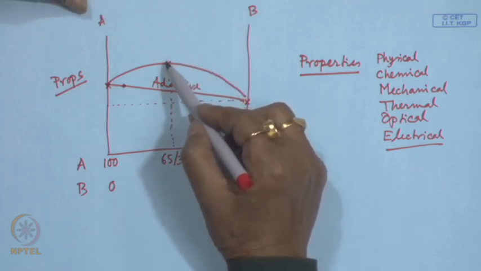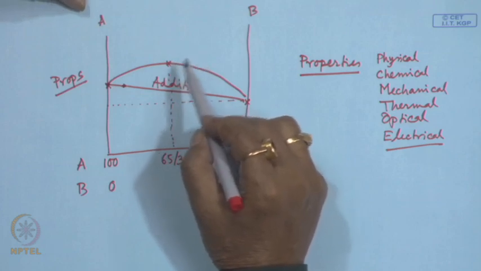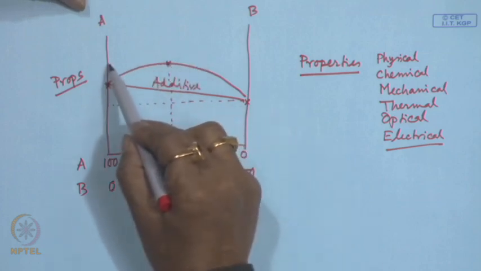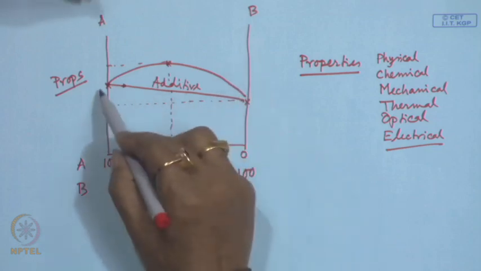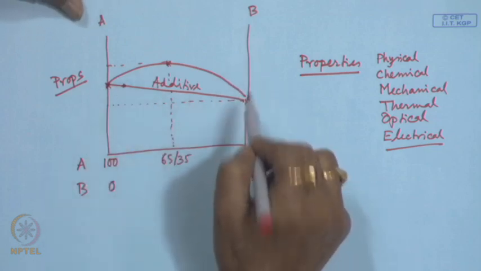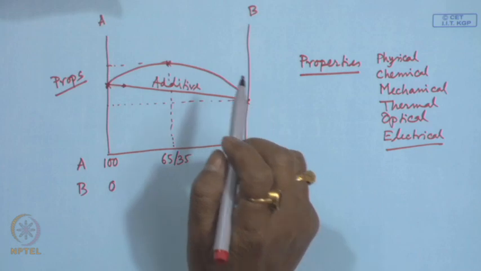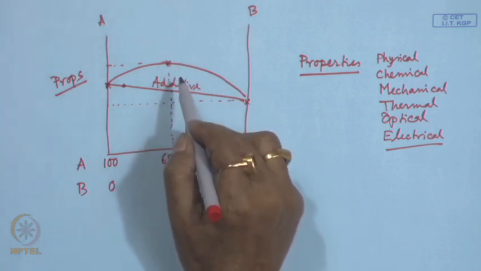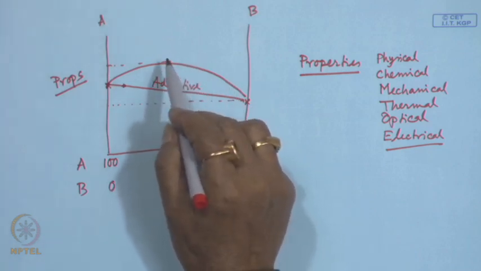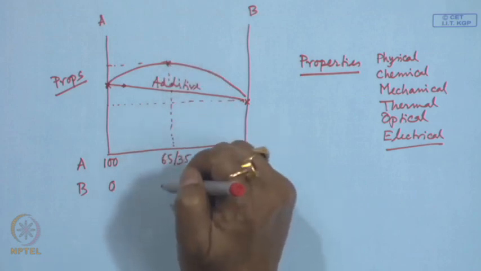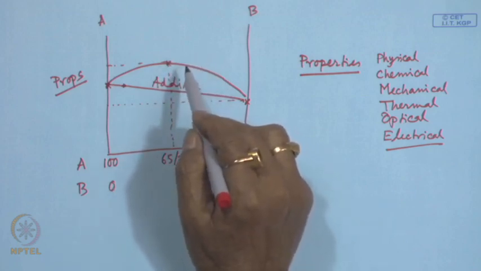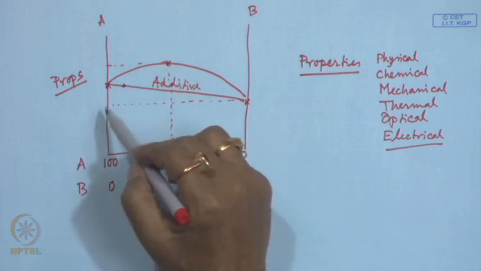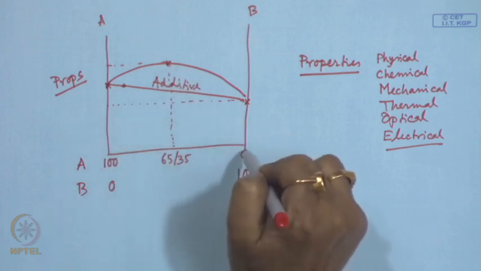So, 65-35 composition can give maximum properties, which is neither available from this A nor B. So, that is a kind of synergistic behavior. These are the benefit of such polymer blends having intermediate compositions, which is neither available with A nor available with B.